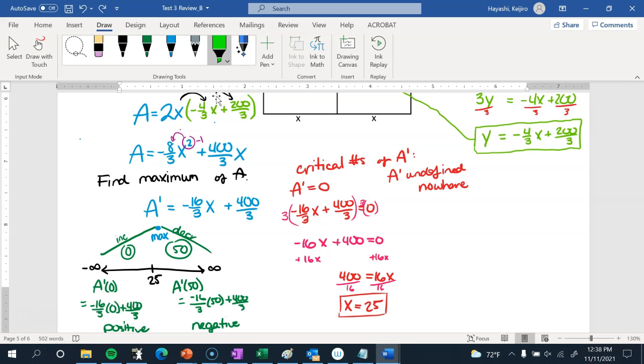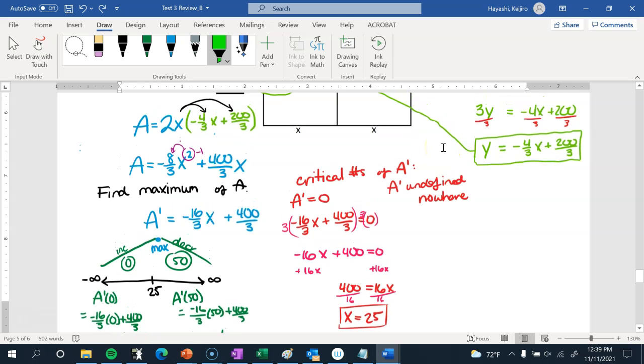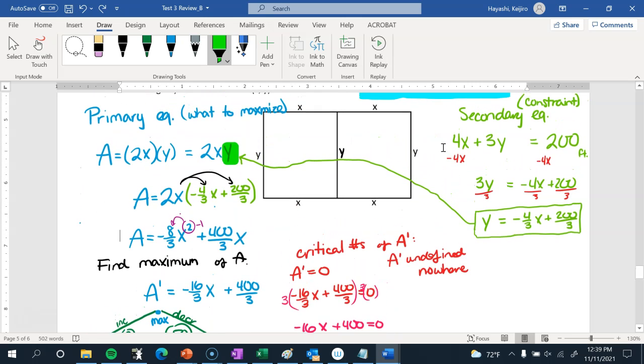So it can only have a maximum, and that maximum occurs exactly where the derivative is 0. So you can even say x equals 25 is surely going to give a maximum, because this is a downward-facing parabola. But anyways, x equals 25 is where the maximum area occurs.